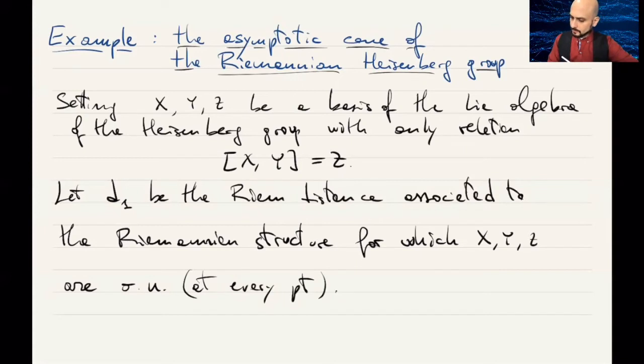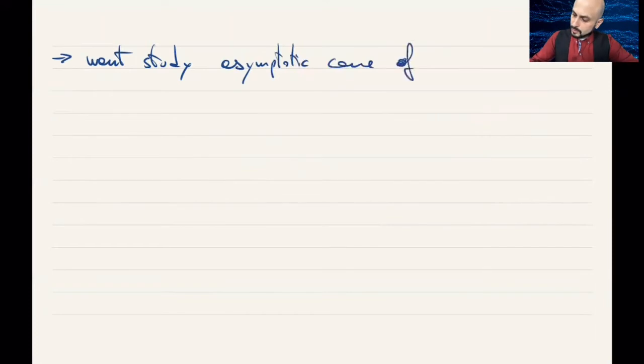Okay, let's give a name also to the group, which is the Heisenberg group. Let's call the Heisenberg group G. Okay, so now we want to study the asymptotic cone of (G, d1).